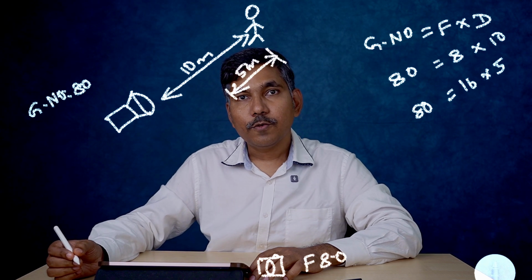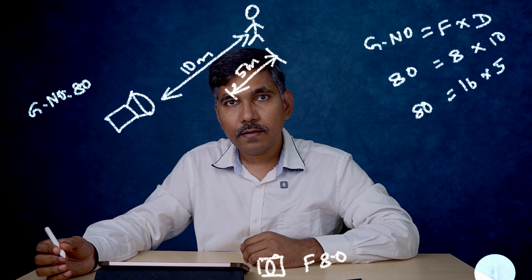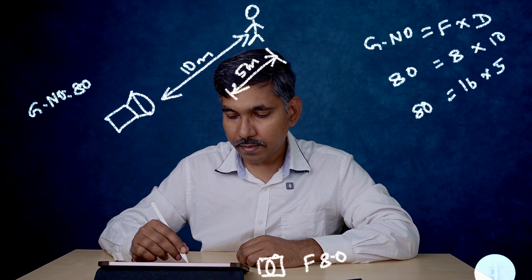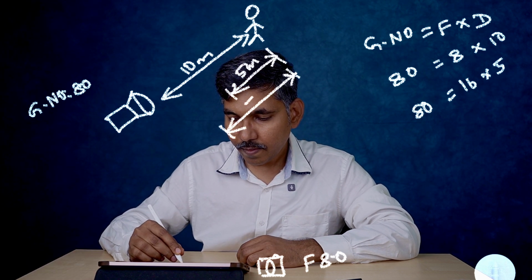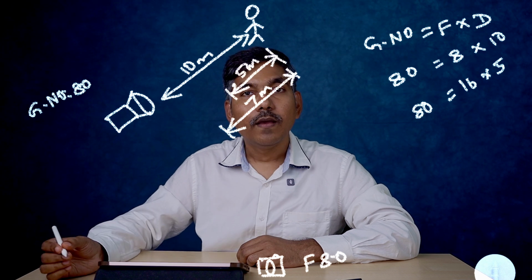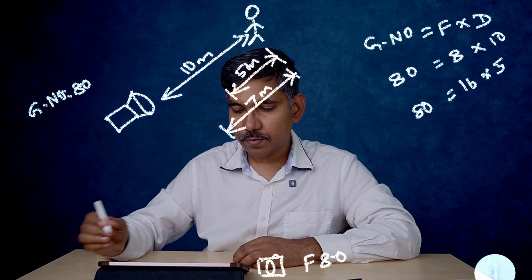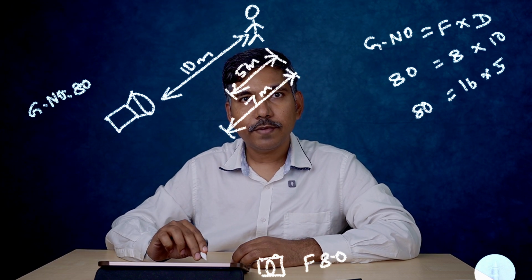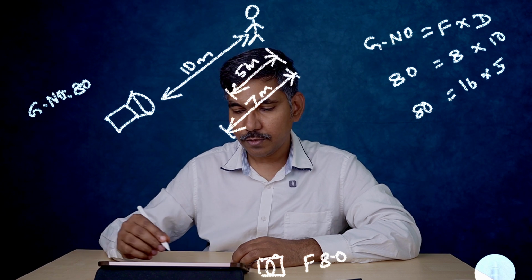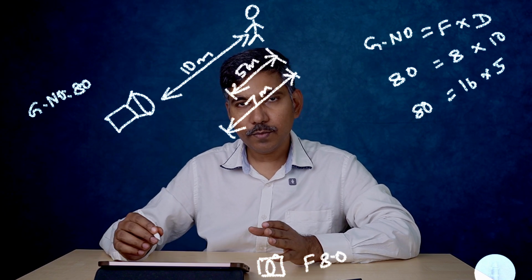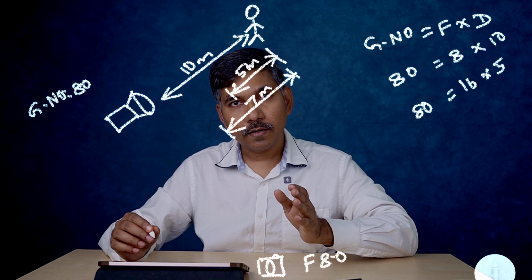So what happens in the second example? If we place a light at 7-meter distance, then the subject would be underexposed because there is not enough intensity of light to illuminate the subject. What happens if we move the light closer than 5 meters?